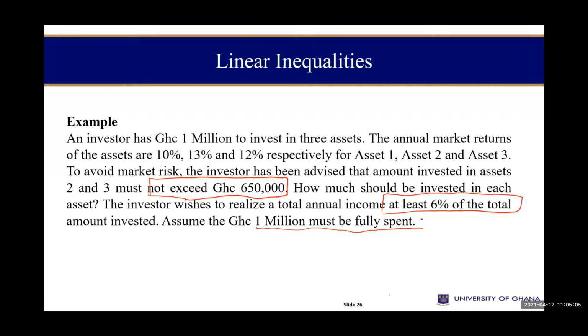Then the first statement is that the annual market returns of the assets are 10%, 13%, and 12%. And we are also told that the investor is to realize a total annual income of what? 6% of the total amount invested. And that we can also invest all the amount in asset 1, asset 2, asset 3.